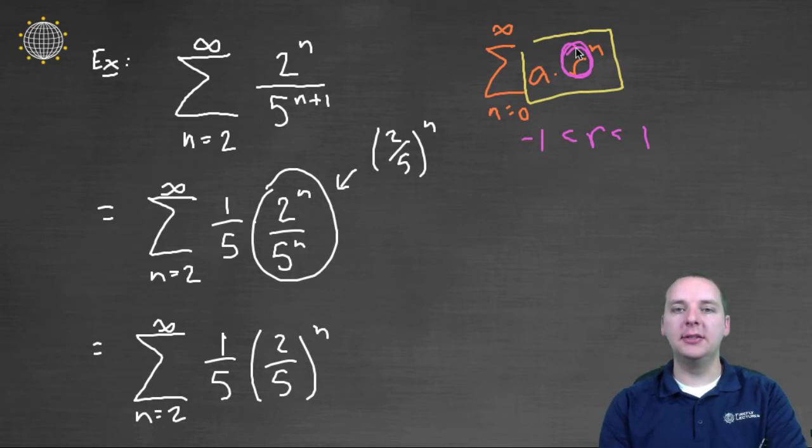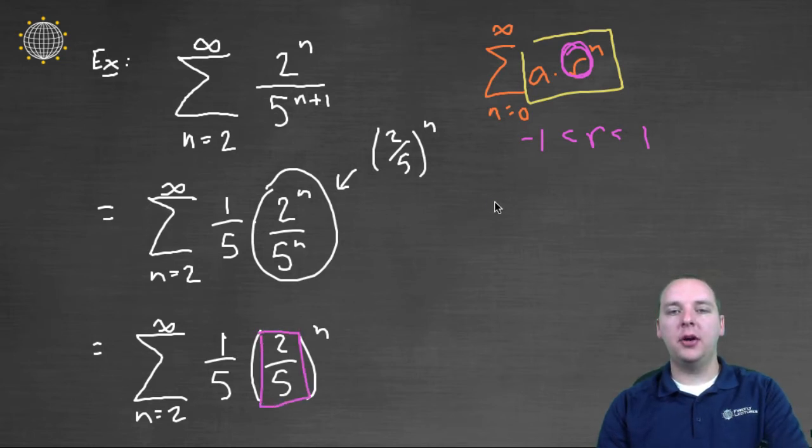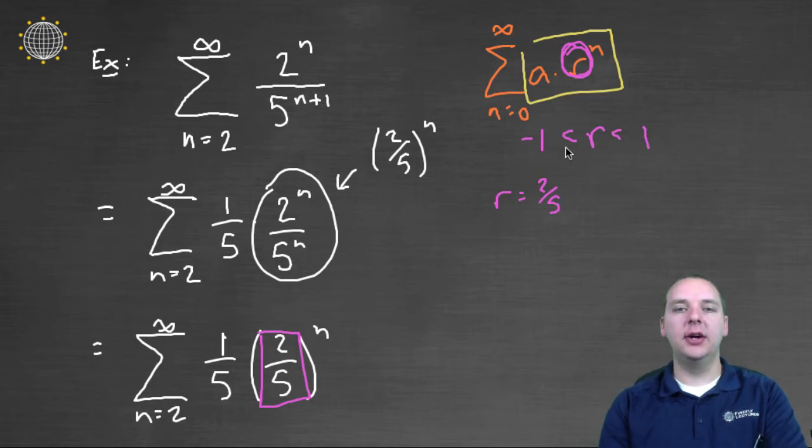If it was, then this series converged, and if it was outside of 1 or -1, then it would diverge. And so we look at ours. Here's our r value. Our r is equal to 2/5, which is in this interval, so that's a great thing. So this will converge.